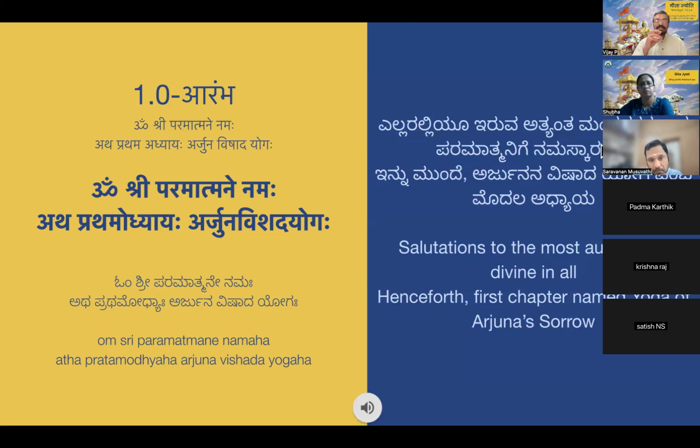The first shloka is essentially saying it is about a universal knowledge. And that is why it begins by offering respects to the universal being. Om Shri Paramatmane Namaha. The learner, that is me, only when I am able to keep aside whatever else I have learned.